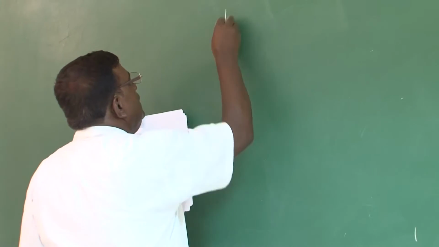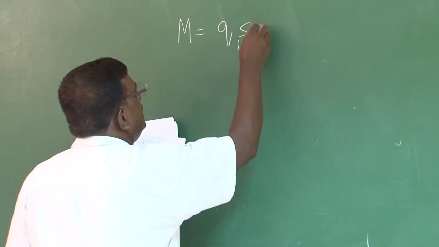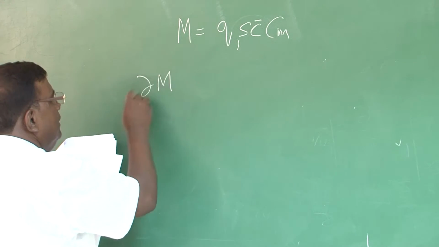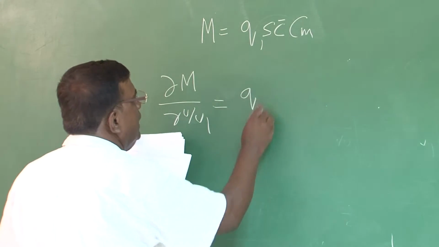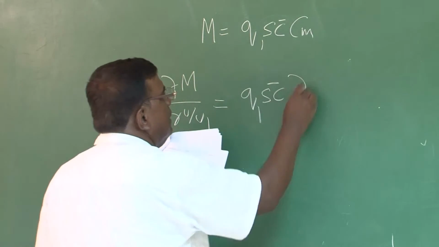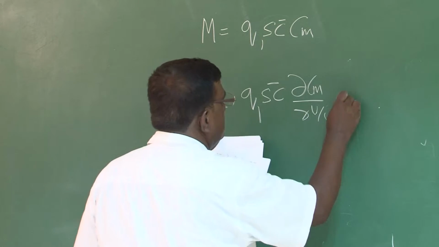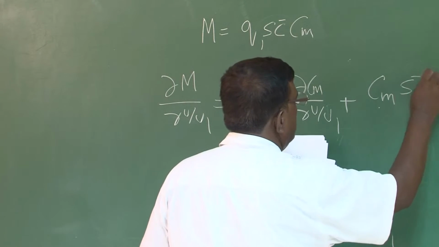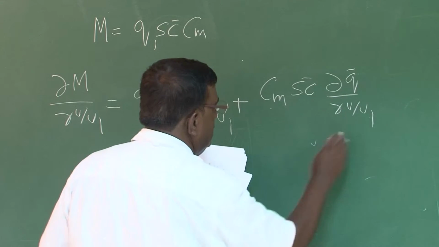So if I see, the pitching moment is written as Q S C bar into Cm. We want to find out dM by d(u/u1), which is nothing but Q1 S C bar dCm by d(u/u1) plus Cm S C bar dQ bar by d(u/u1).